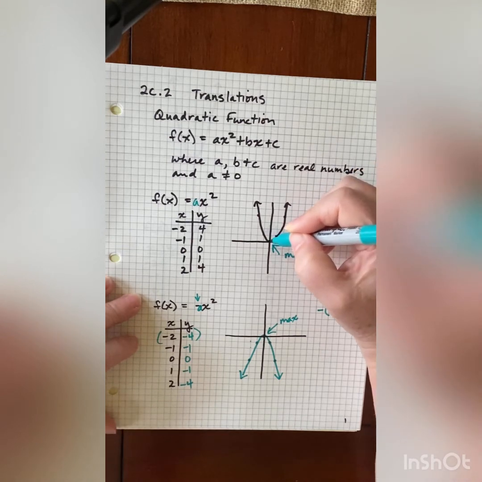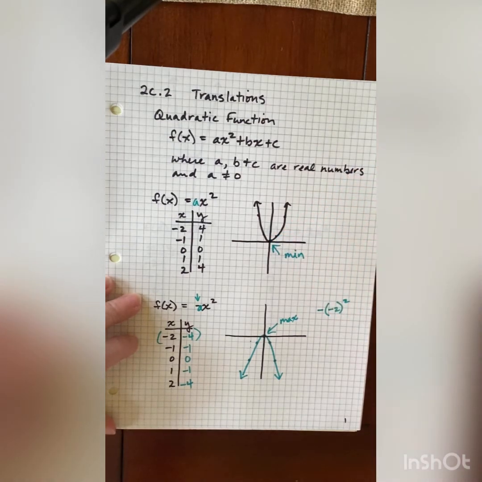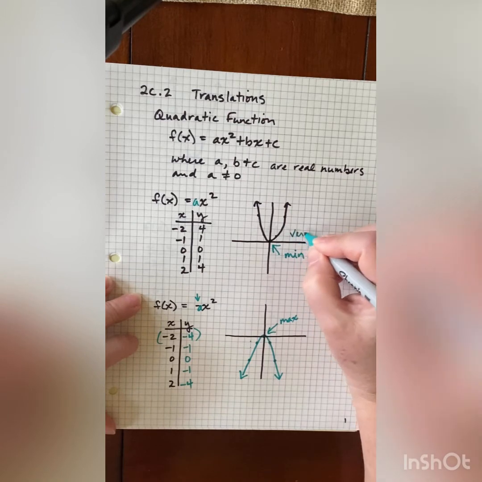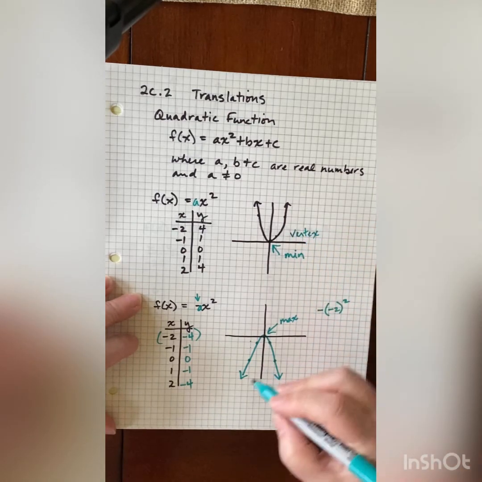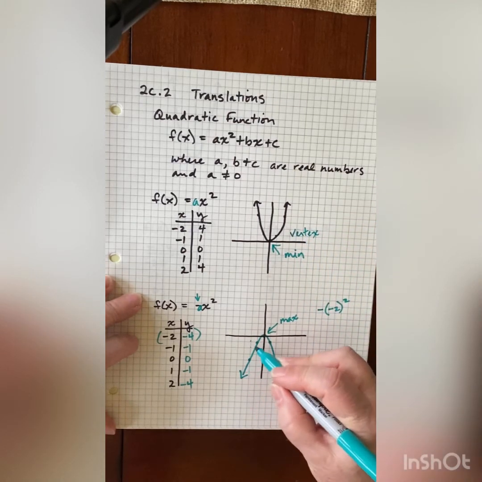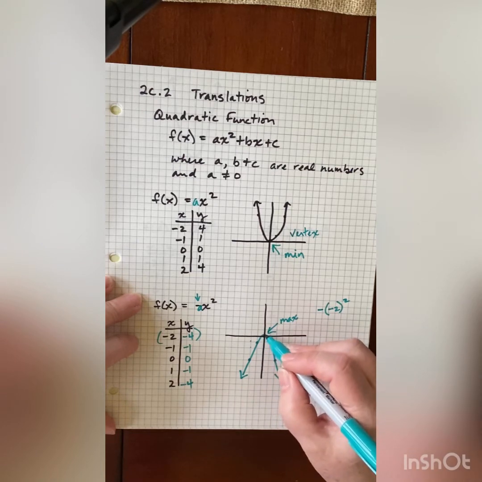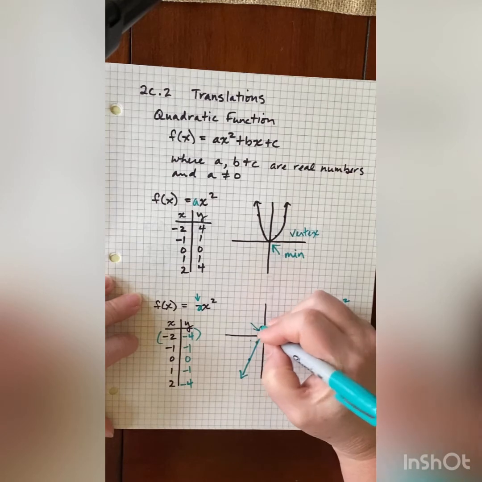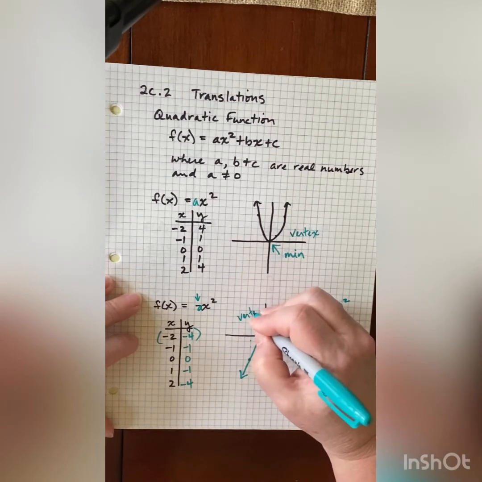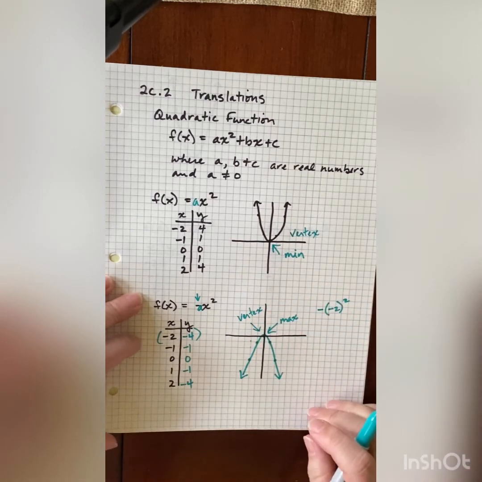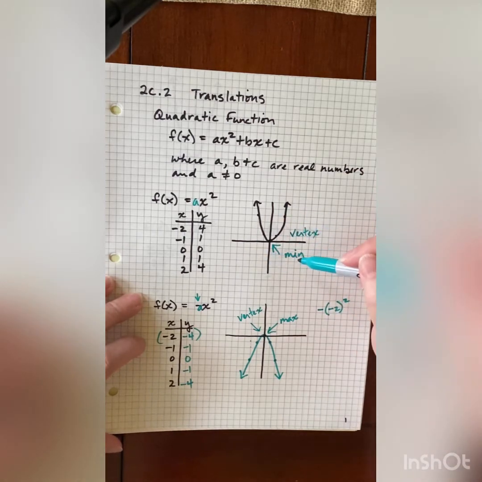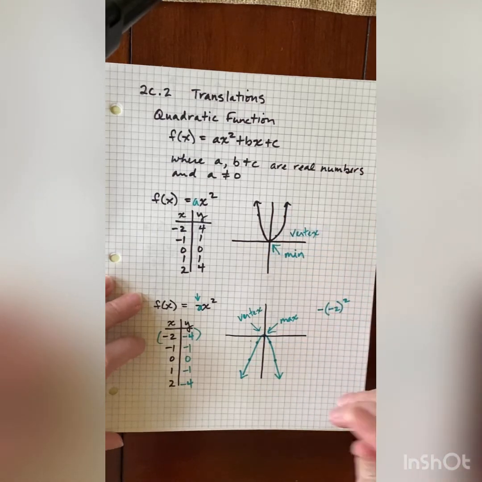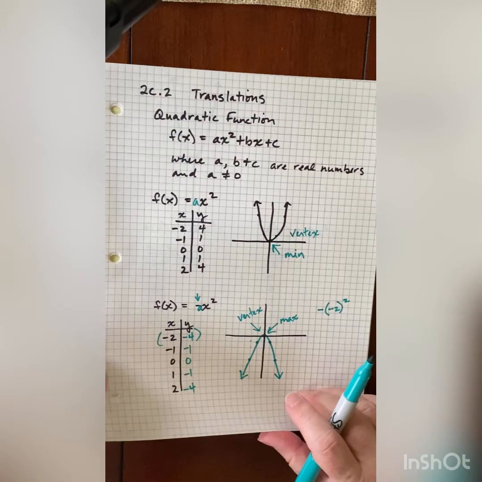So that point right there is your vertex. Okay, this one here, I have a positive slope. It changes slopes and becomes a negative slope. And again, that is your vertex, where it changes slopes like that. So if it opens up, you have a minimum. If it opens down, you have a maximum.